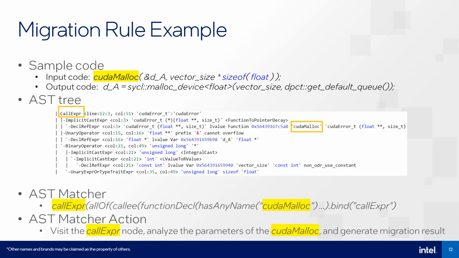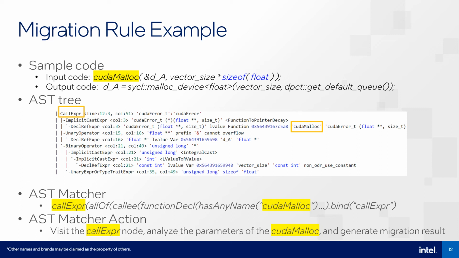One method here is to define an AST matcher to visit the AST tree to match the call expression node which has a callee declared as the function cudaMalloc. After getting the cudaMalloc node in the AST tree, it can further visit the call expression node, analyze the parameters of the cudaMalloc function, and generate equivalent code in SYCL.